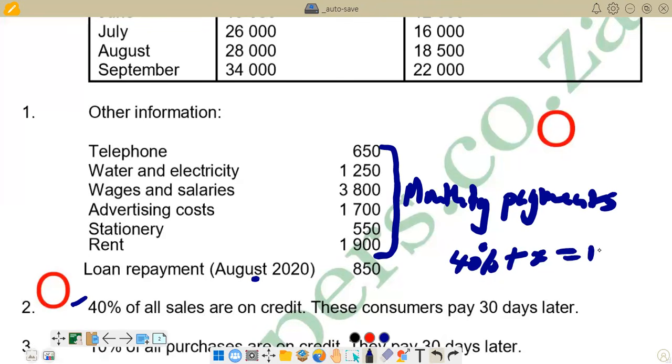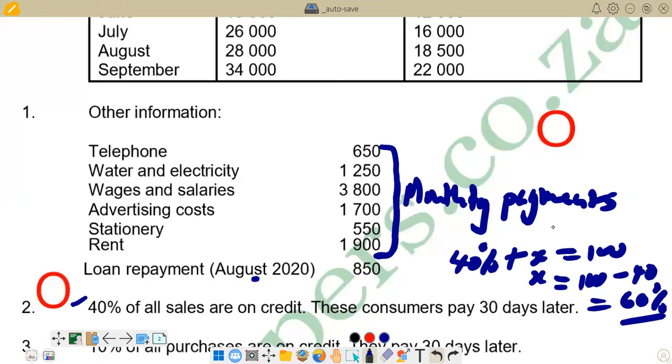Now we get 100%. So to get our X, which is our cash sales, we say 100 minus 40, and we get 60%. So it means our 60% is representing our cash sales. So our credit sales is 40%, but the explanation again is there in front, which is saying these consumers pay 30 days later. So what does it mean?